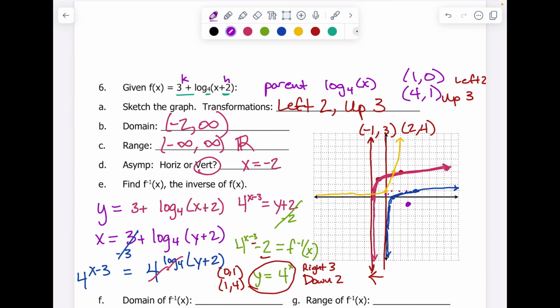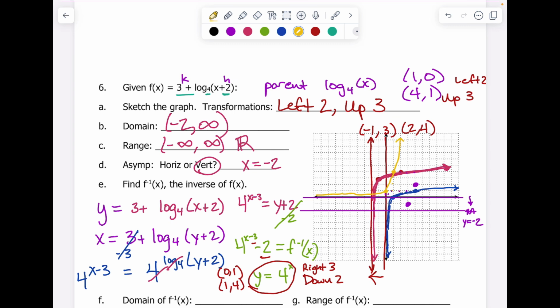We also have an understood horizontal asymptote here that also has to move down 2. So instead of being up there at 0, it's going to bump down here to y equals -2.